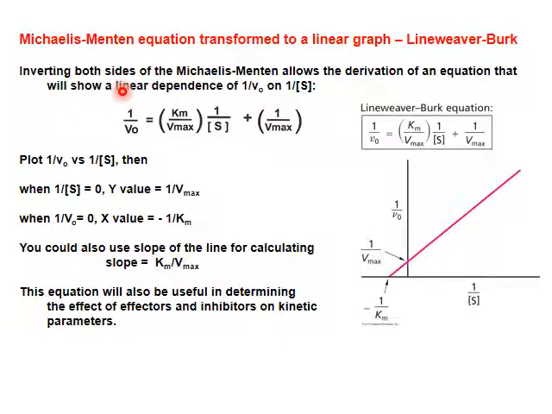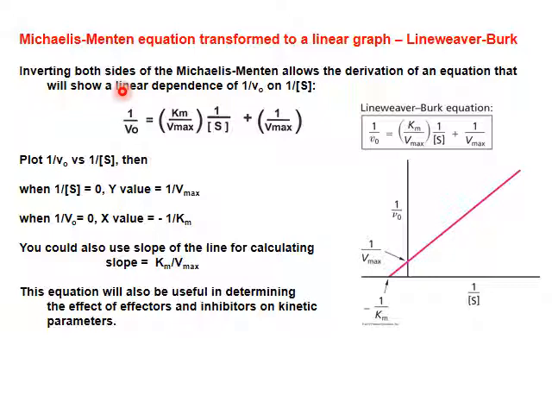As mentioned before, there were some issues in getting some of these values from these hyperbolic plots by non-linear regression. In other words, doing non-linear regression analysis by hand is quite cumbersome.